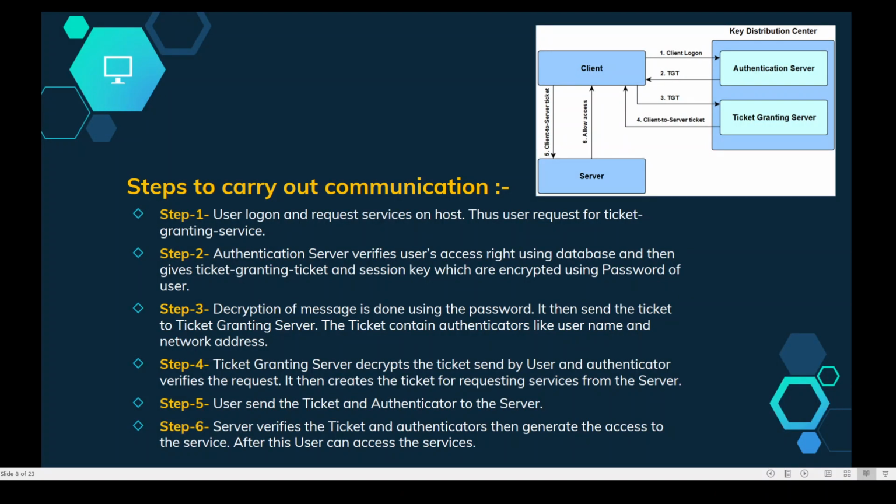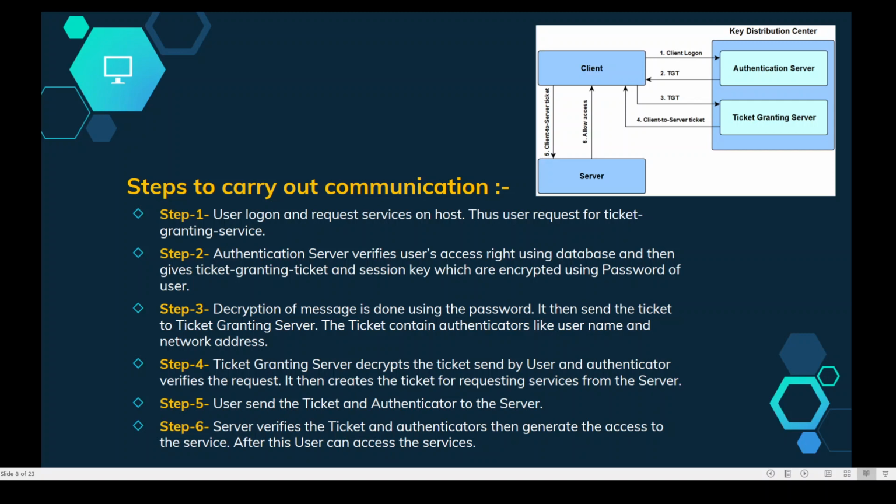How does Kerberos work? Step 1: the user logs on and requests services on the host. Thus the user requests a TGT, or ticket granting ticket, from the ticket granting service. The authentication service verifies the user's access rights using a database and then gives the TGT, as we've talked about, the ticket granting ticket, and a session key, which are encrypted using the password of the user.